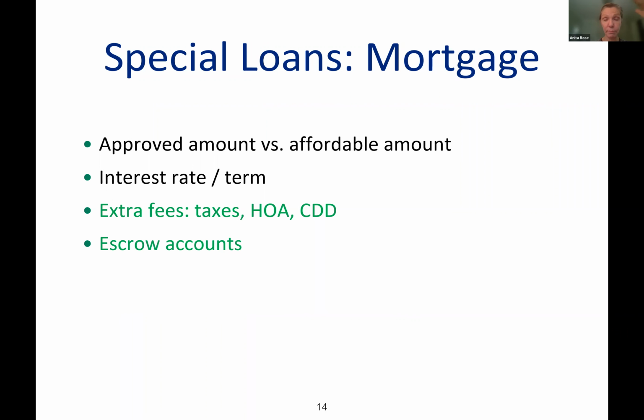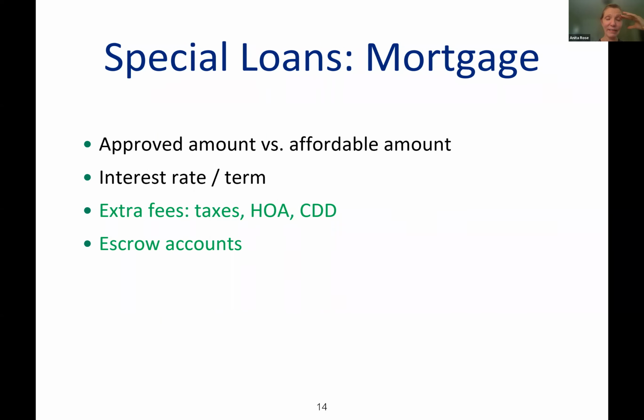Some lenders require the escrow of funds for taxes and insurance, both taxes and insurance. They make you pay a year's worth of your insurance payment, and then they still charge you every month. So you paid a whole year in advance, and then they still charge you every month to make sure that you have your house insured.